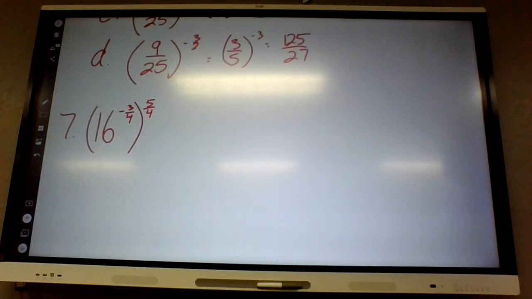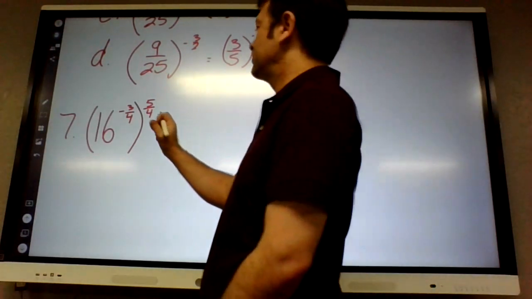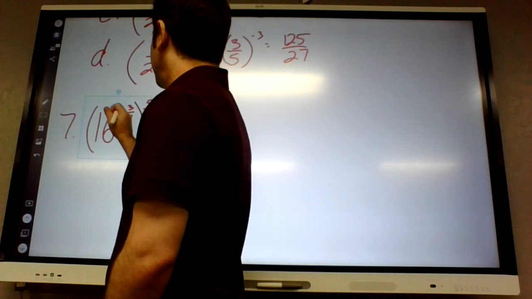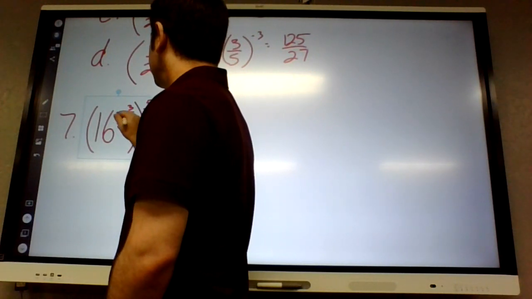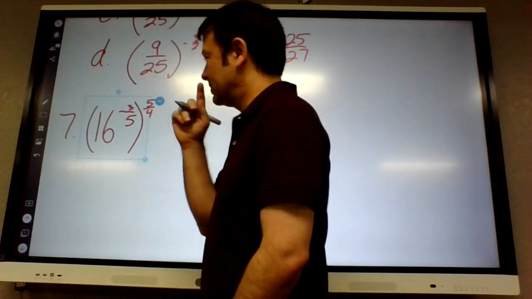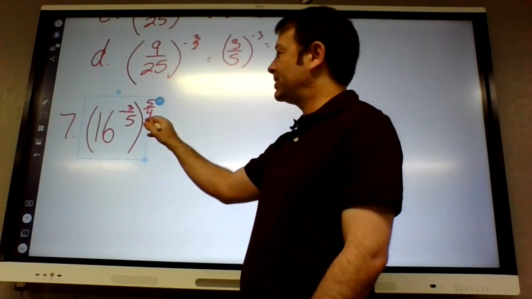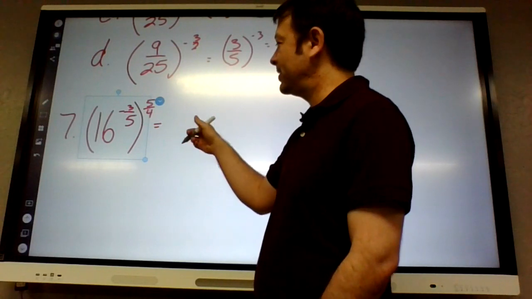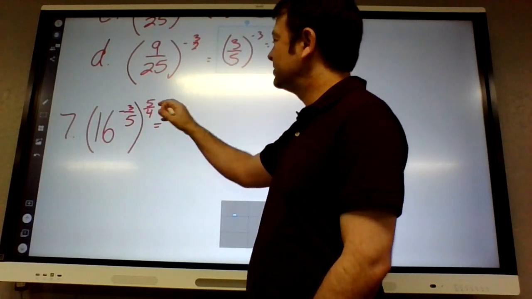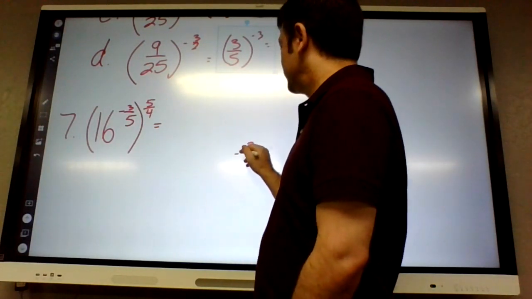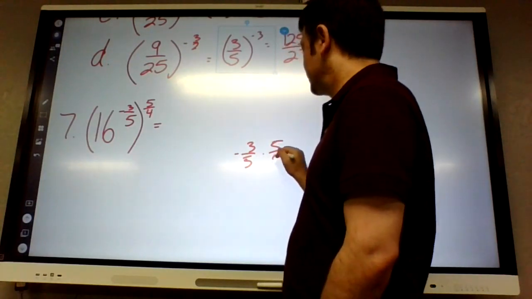Hold on. So 3/5? Okay, what do we do with the exponents in this case? Add them. No. Multiply. Yeah, power to a power, this is a multiply situation. And how do we multiply fractions? Cross cancel.